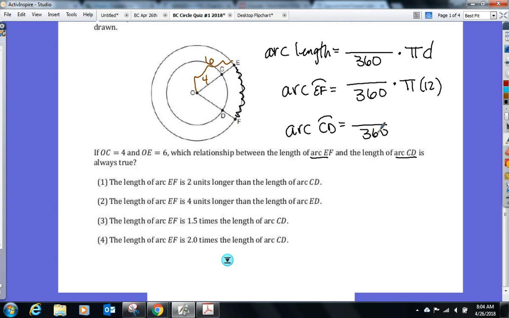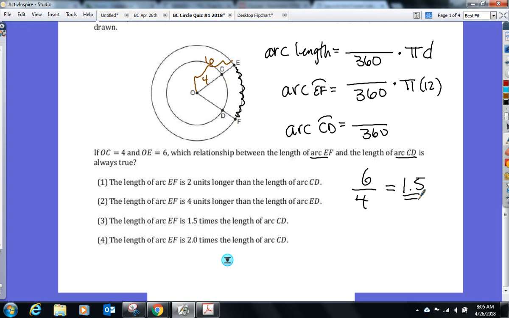What do you know about the measure of CD and the measure of EF? It's always going to be the same. They're coming from the same central angle. So what's the only thing that changes in both formulas? The diameter or the radius. One radius is 6, the other is 4. So how will the arc length compare? 6 over 4. That's 1.5 times the length.